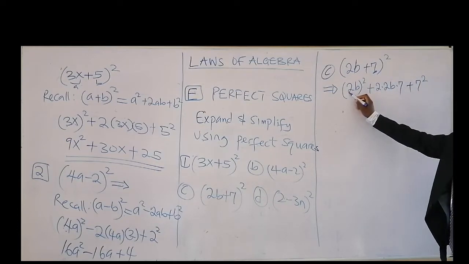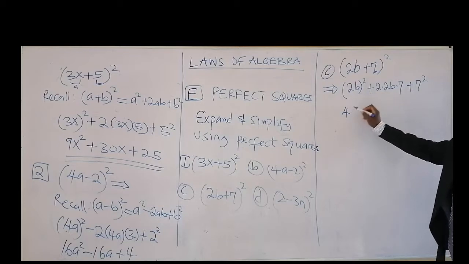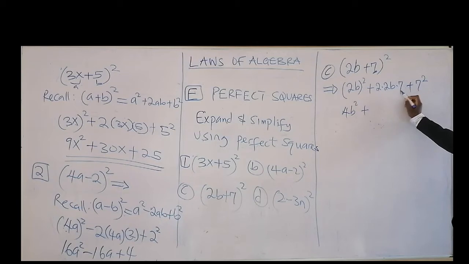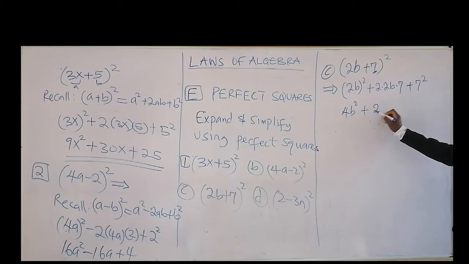So this will be 2 squared b squared, 2 times 2 is 4, times 7, that's 28b, plus 49.